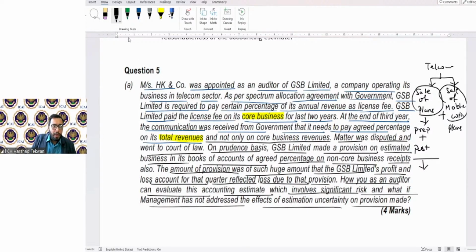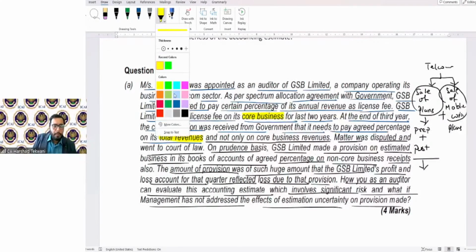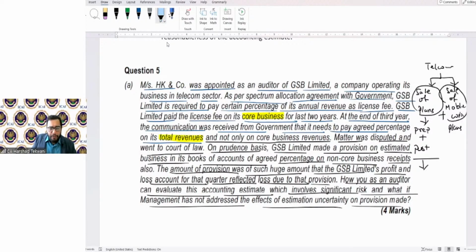Let's talk about the first point, that how will you evaluate this accounting estimate? What will you do to evaluate this accounting estimate? Come on, guys. How will you evaluate the accounting estimate?